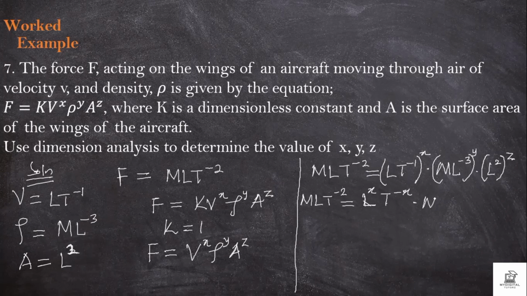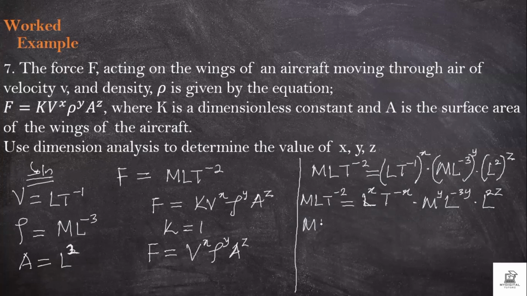I have M raised to power y, L raised to power minus 3y. Then the same thing with this is going to give us L raised to power 2z. Then after that, if you look at this side, you have L here, you have L here, you have L here. You have to bring them together so that you can use another law of indices to simplify it.